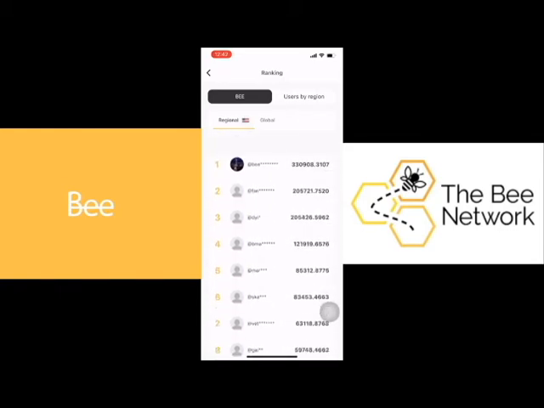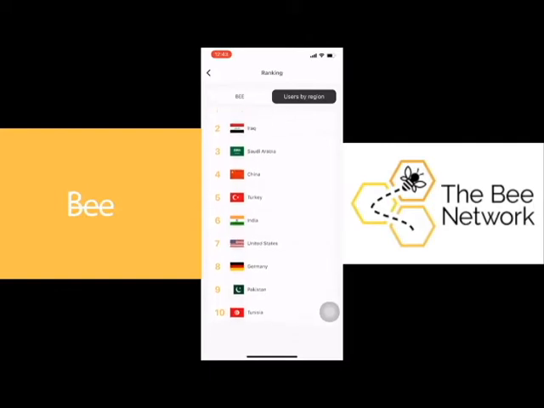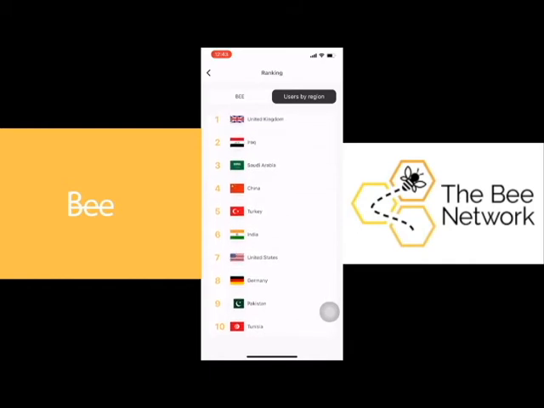They can do users by region, and this shows where the most active B users are. As you can see, the United Kingdom is number 1. And then here in America, we're all the way down at number 7. So you can see kind of where this crypto has its popularity around the world.